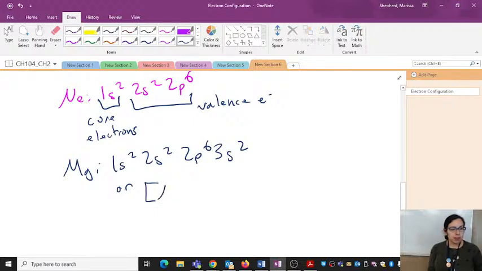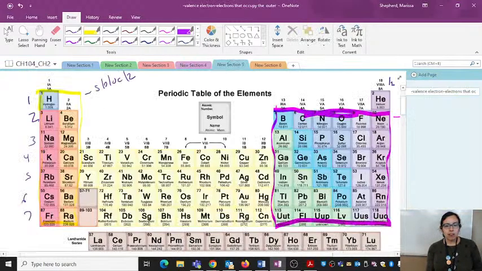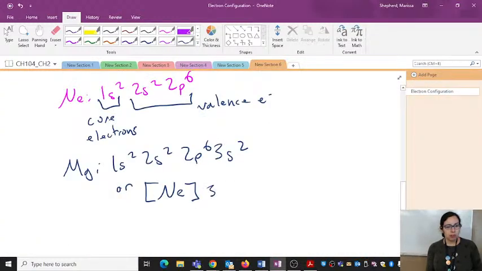So we can just abbreviate it. If we write neon in brackets here, that means take the electron configuration up to neon, and then you just start with 3s2. So you just write 3s2. That makes things a little simpler.